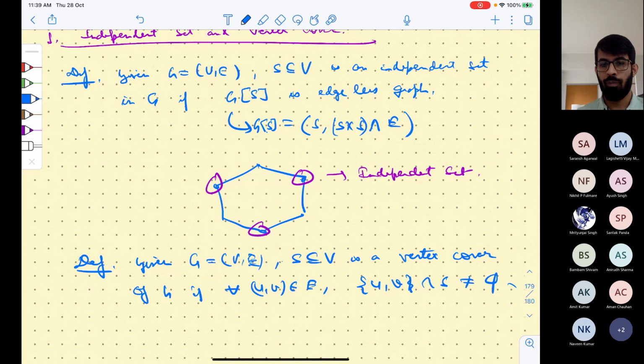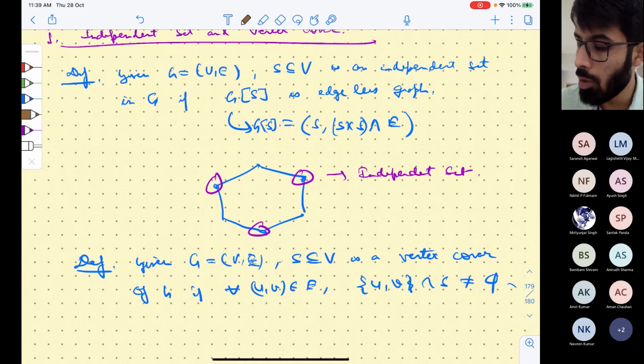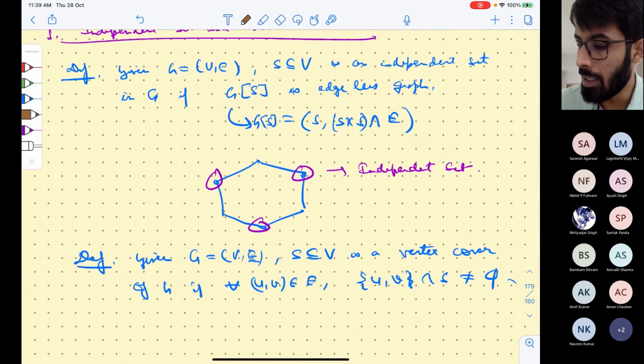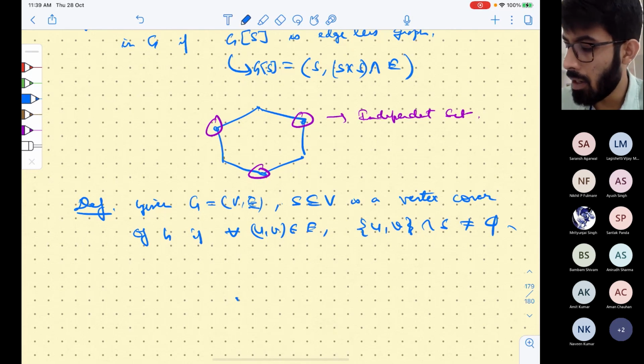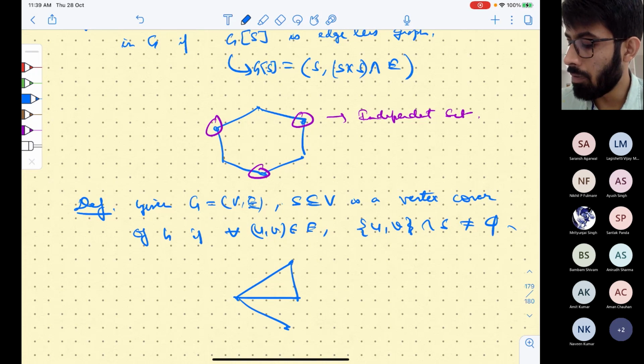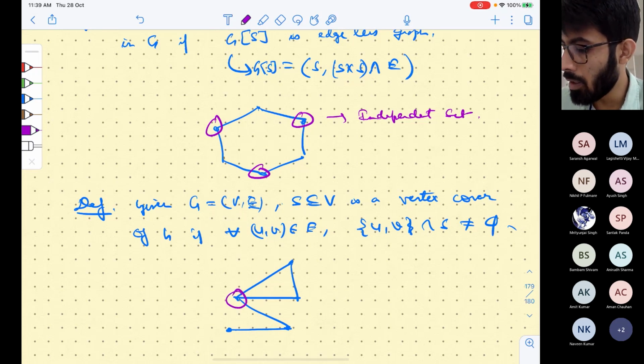Okay. So again, if we look at this, then what is a vertex cover? A vertex cover can be, again, the same set is a vertex cover in this case. Or let's take a different graph. Suppose you have this, and you have this, and you have something else. And you want to find a vertex cover. What can be a possible vertex cover? So let's include this vertex and this vertex.